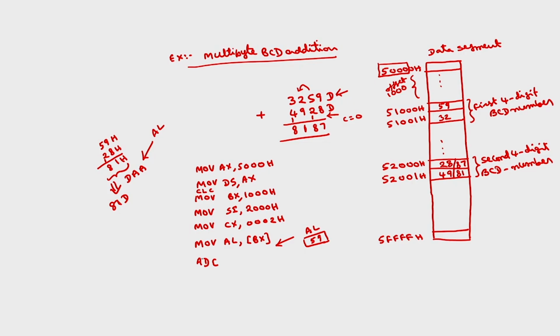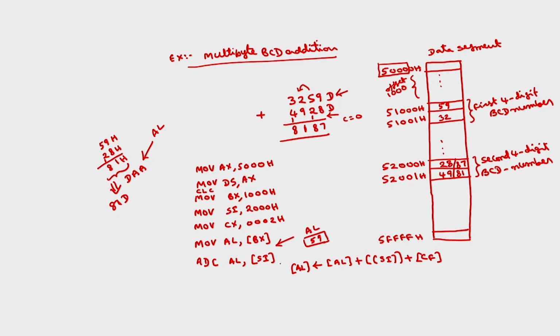So these two data: ADC AL, [SI]. What is the operation here? The contents of AL will be added with the contents of SI plus the carry flag status. These three will be added and the result is stored in AL. The contents of SI is 2000, and at offset 2000, 28 is there.